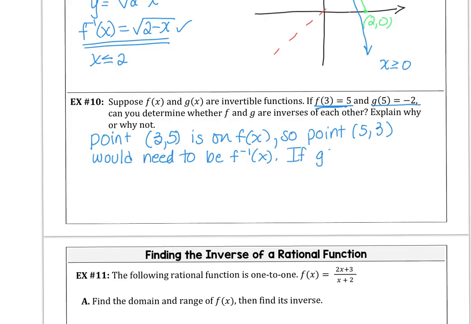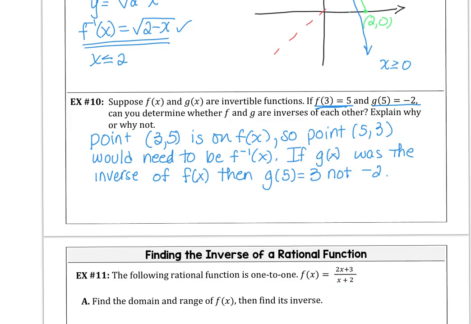So if g of x was the inverse of f of x, then the g of 5 would need to be 3, not negative 2. Therefore, we know f and g are not inverses of each other by that given information.